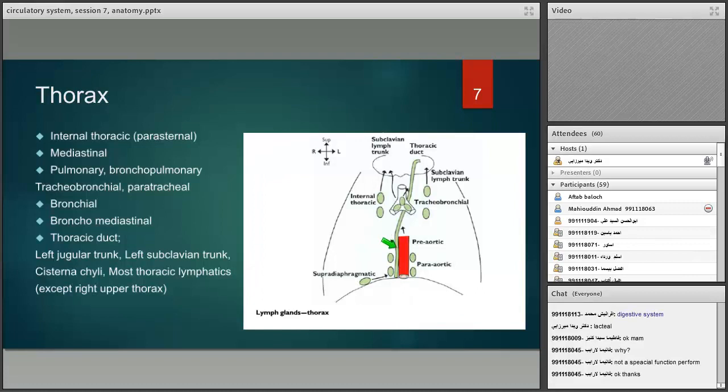The thoracic duct is placed between the aorta on its left side and the azygos on its right side. It's between these two.